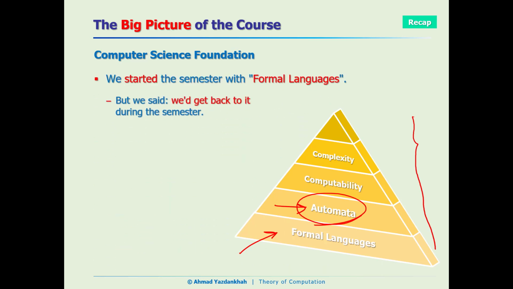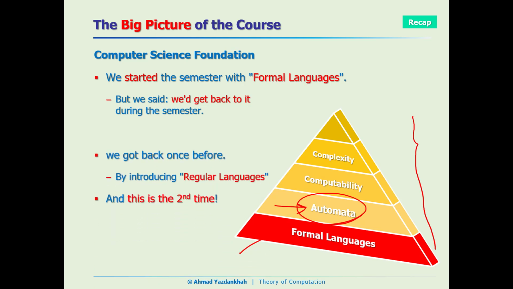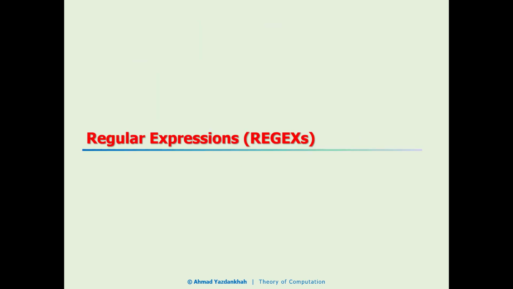But for the formal languages, we said that we will get back to this topic several times during the semester, once we introduce the regular languages, and this is the second time that we want to introduce the regexes, because regexes are a tool to represent the formal languages. Okay, now let's get started on a new journey with regexes.